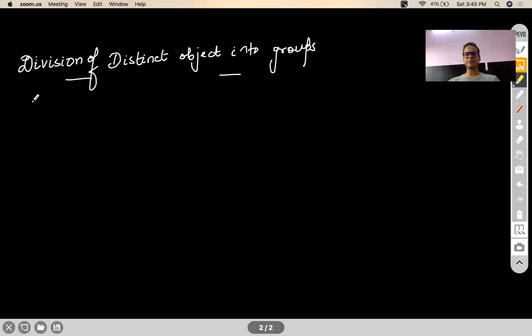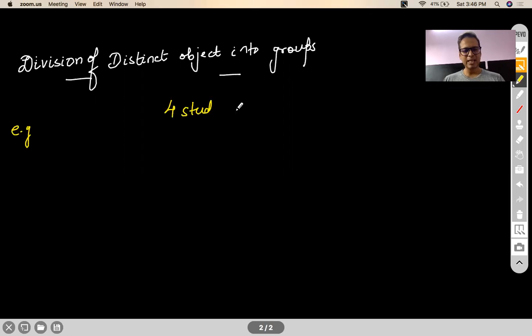Now, in order to explain this concept, I will not directly jump with a formula. It's very easy for me to give you a formula, but I would give you a situation. And depending on the situation, let us see from our prior knowledge, are we able to find out the number of ways to perform that simple activity which I'm going to discuss with you. Let us say I take an example. There are 4 students, let's say.